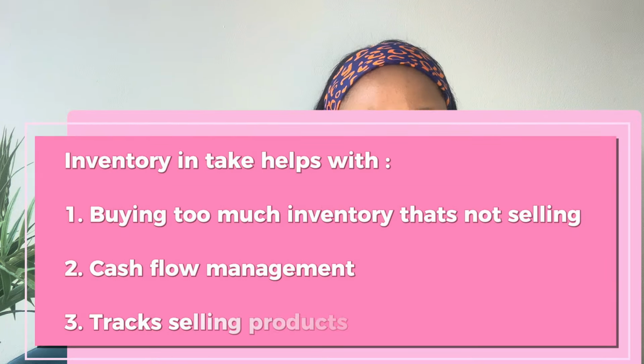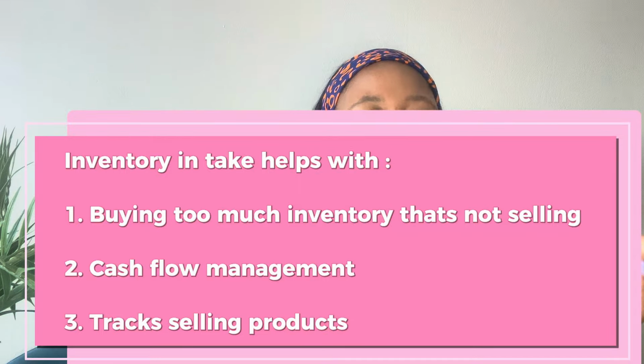Every time there's 2 left, it will total to say that you have 5, and then 2 left, that means you have 3 left. So in that way it helps you to track which stock is still in place, and it also helps you to track which stock is most likely to sell out faster than the other, so that you do not stock on something that is not being sold.